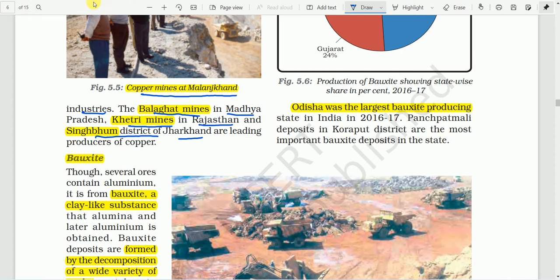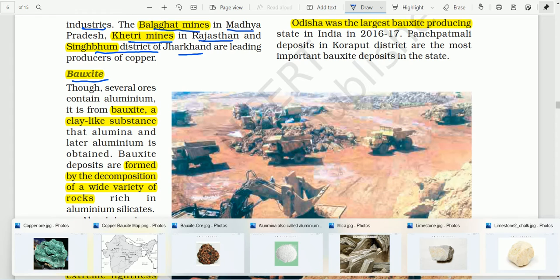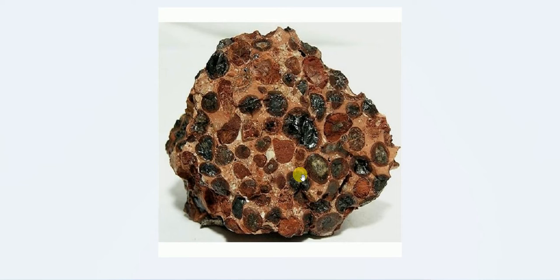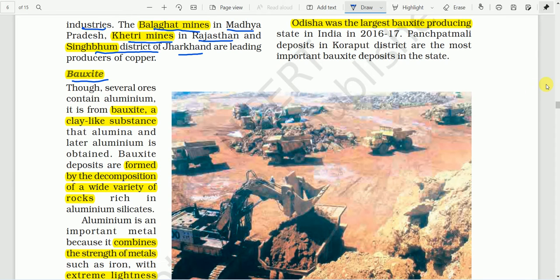Let us continue. Next, we have bauxite. Bauxite ore looks like this, and let us read. Though several ores contain aluminum, it is from bauxite, a clay-like substance, that alumina and later aluminum is obtained.